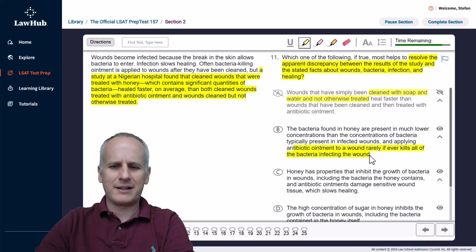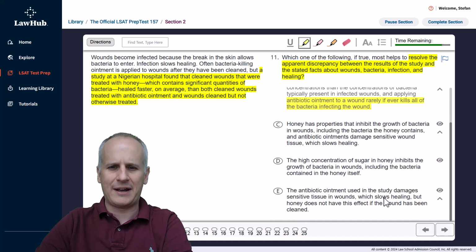Well, the antibiotic ointment just has to be good in order for it to work. It doesn't necessarily have to kill all of the bacteria. And this answer choice doesn't directly compare the utility of the antibiotic ointment to the honey directly. So choice B really doesn't do anything to address the paradox directly either way.